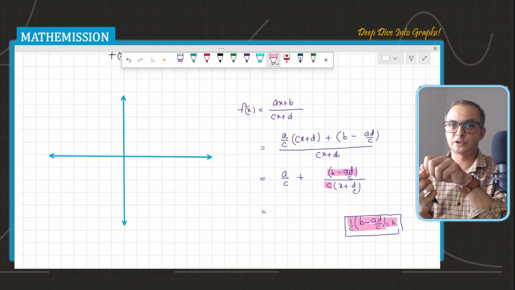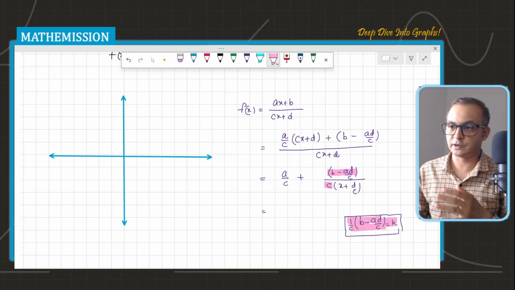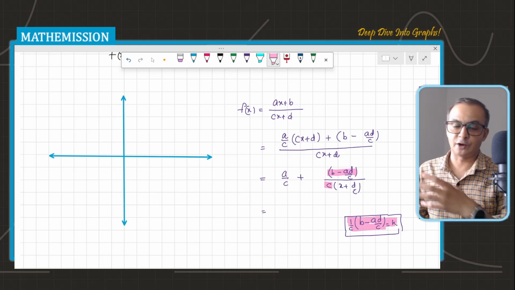So it will give you this vertical stretch or maybe the vertical compression. It depends upon what is the value of b, a, and all this constant.